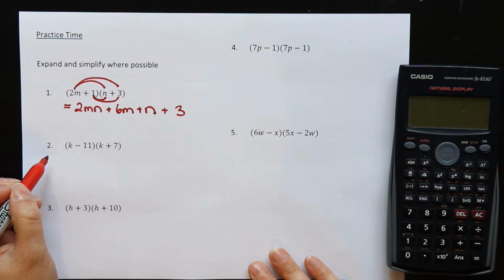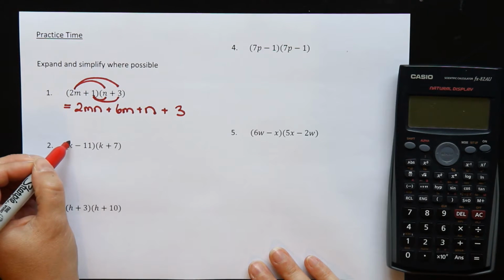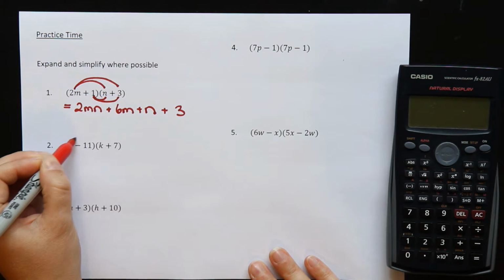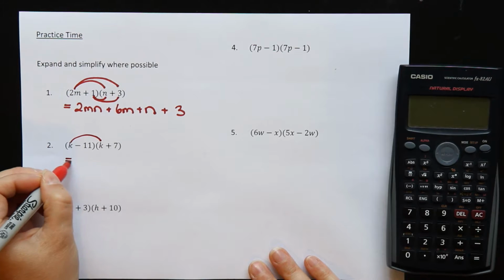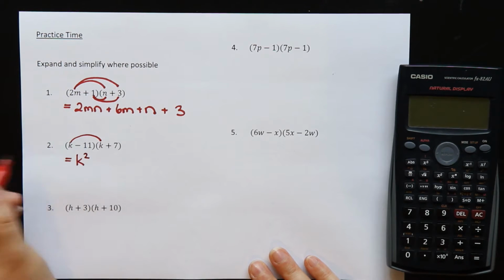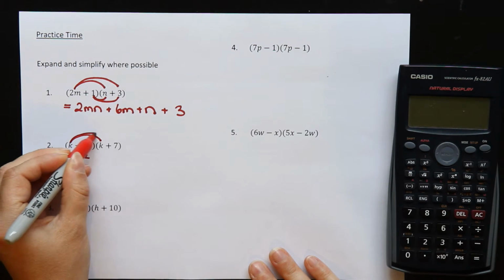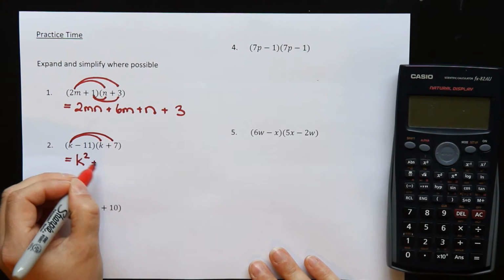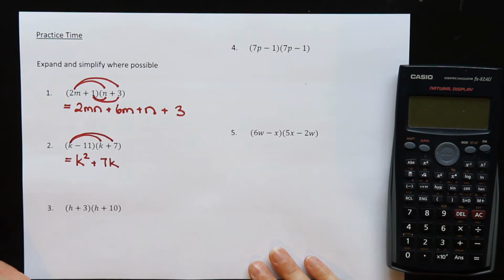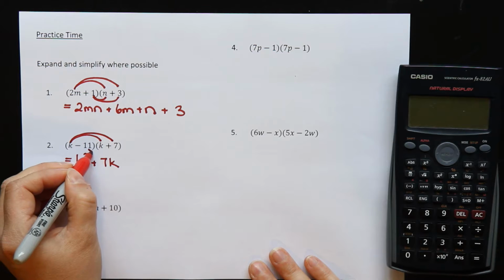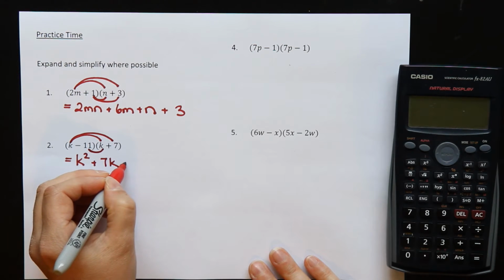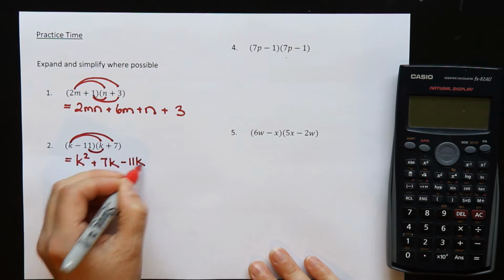In question 2, expand using FOIL. So first one is k times k is k squared. Then we do outside, k times 7 is 7k. Then inside, minus 11 times k is minus 11k.